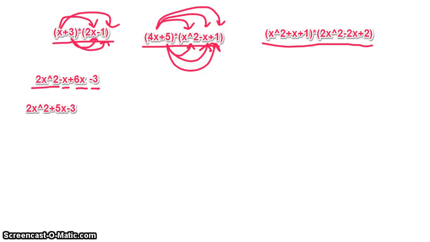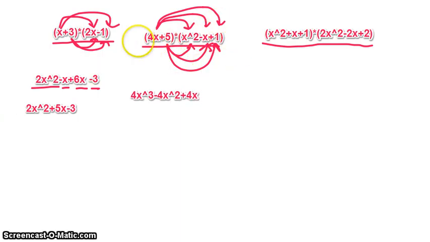So by looking at this, the first one you do is 4x times x squared, which would give you 4x to the third. Then you would do 4x times -x, which would give you -4x squared. And then you do 4x times 1, which would just give you a positive 4x.